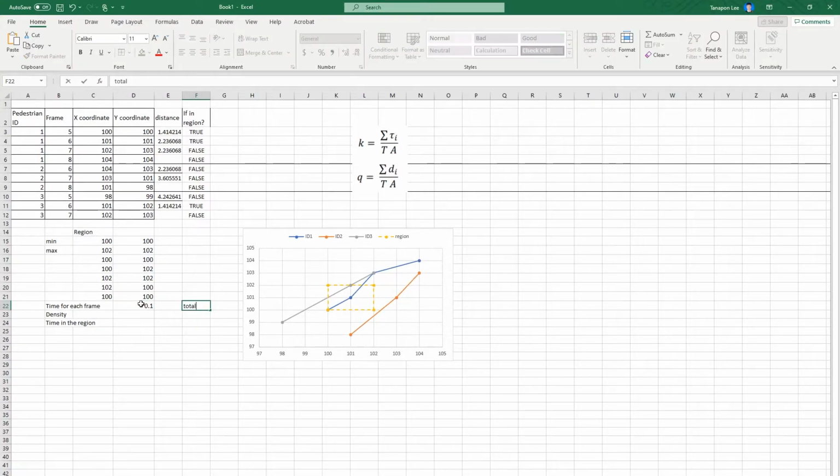We can say the total frames is from 5 to 8, so it's 3 frames. So the total time is 0.3 seconds, right? 0.1 times 3.